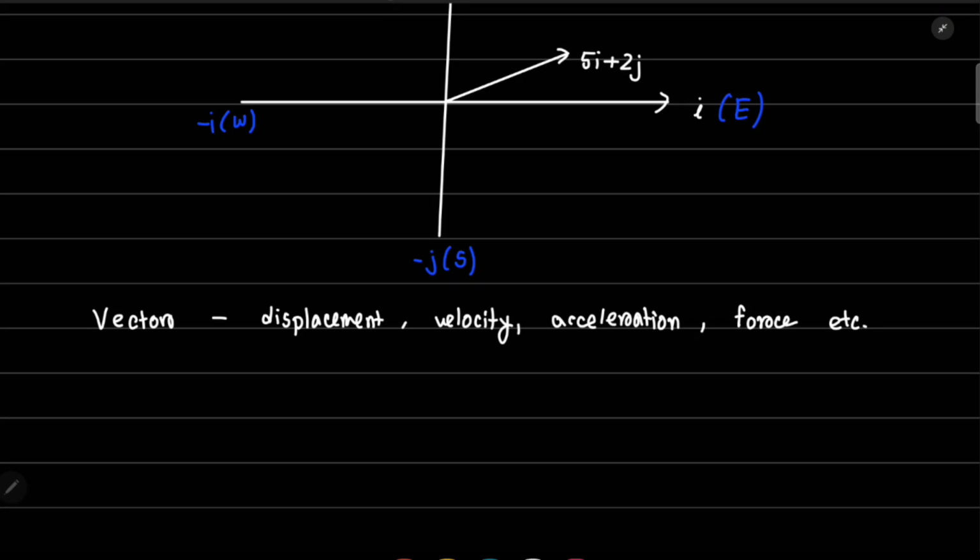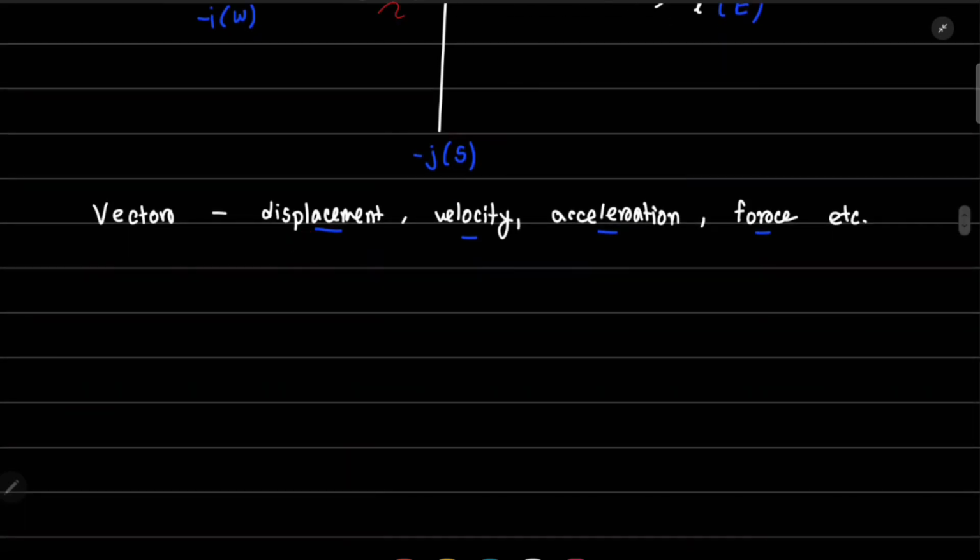In the case of general mechanics, we only need to use vectors for displacement, velocity, acceleration, and force. We can also use a vector to represent position.